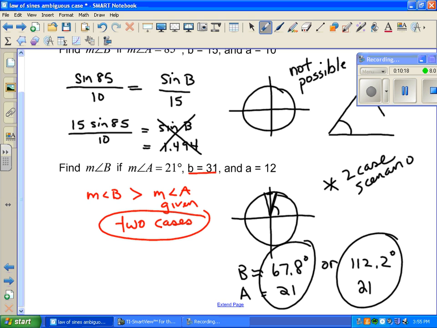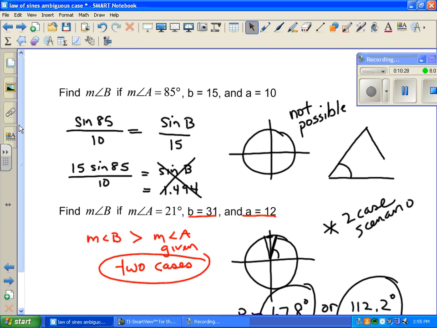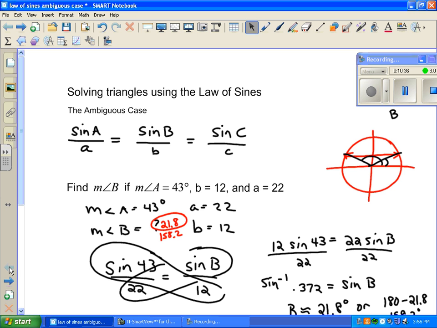Because side B is bigger than side A. Right there, you know that you're going to get a two-case scenario. Now, if you look back at our previous examples, this was a no-case scenario. Let's go back to the first one. Is side B bigger than side A? Nope. So we didn't have a two-case scenario.